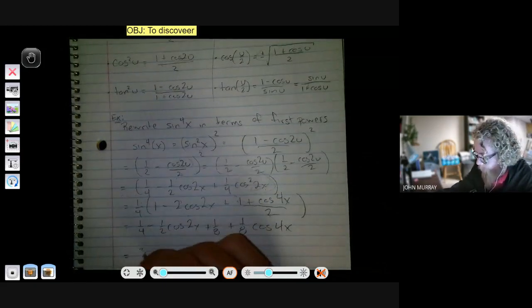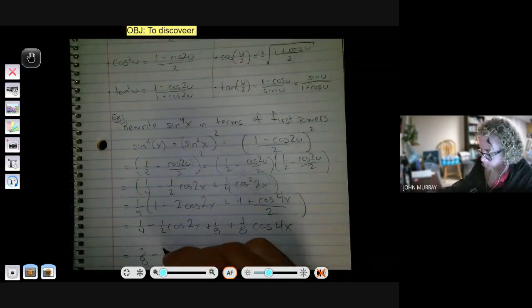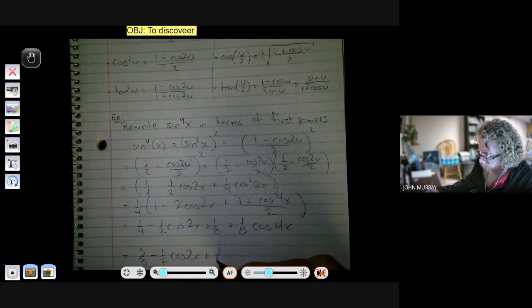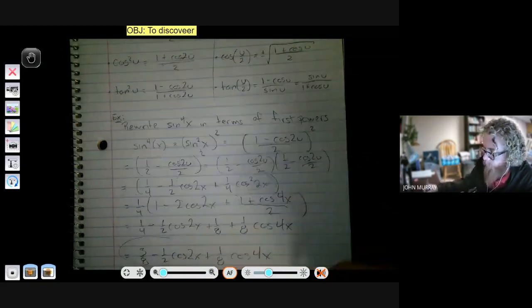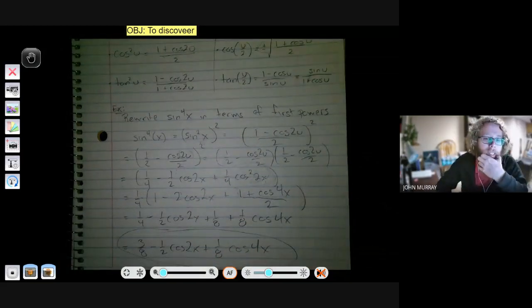And our final answer will be 3/8 from the 1/4 and the 1/8, minus 1/2 cosine of 2x plus 1/8 cosine of 4x. So yeah, it's a lot, and I see how it might be confusing.